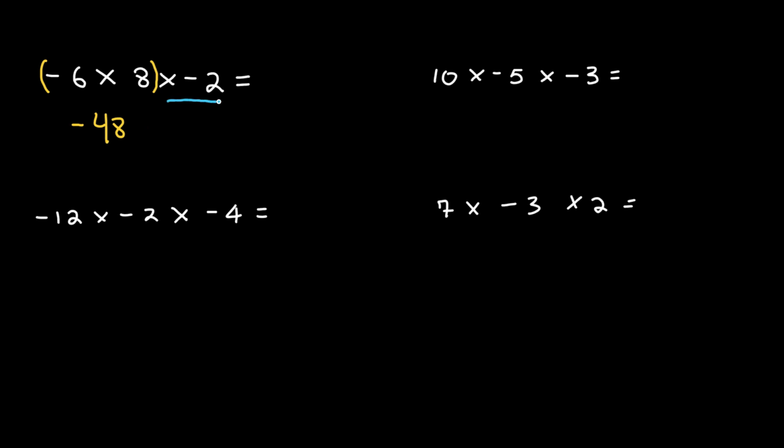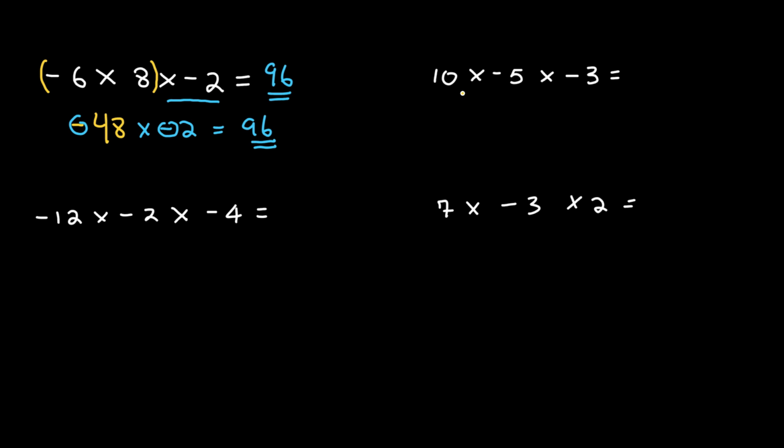Now we have this 2 over here. Let's multiply negative 48 times negative 2. We have two negatives, and a negative and a negative when multiplied gives you positive. So 48 times 2 will give you 96. That's our final answer, 96.